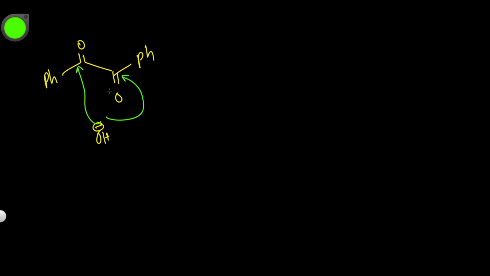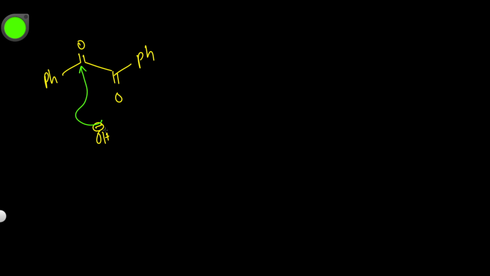Either this OH minus will attack on this carbonyl position or on the other one, you will get the same product. So I will take only this position, it's for my convenience. You can take the other one also.